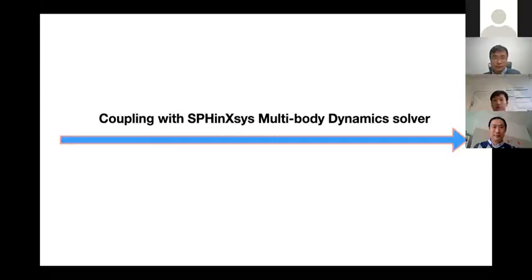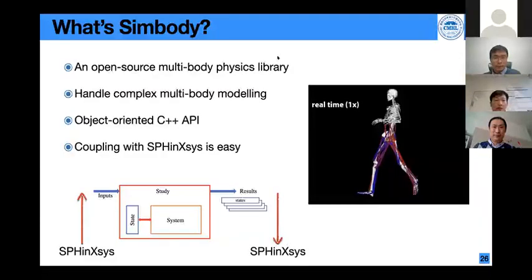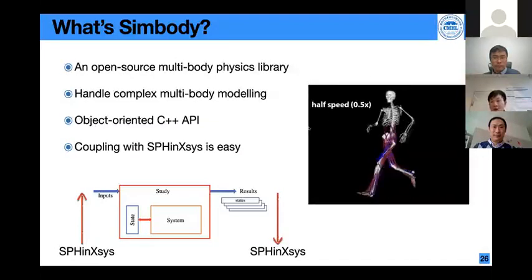multi-body dynamics solvers. For the multi-body dynamics, we are using SimBody. SimBody is an open source multi-body physics library. It's widely used in the simulation of biomechanics. This is an example of a simulation of a man running with SimBody.